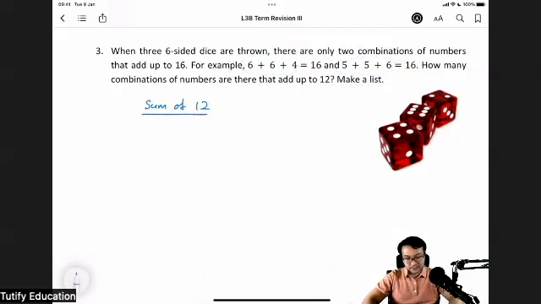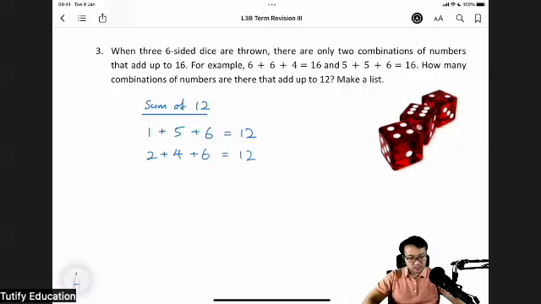For example, we have the first die showing 1. Then the other 2 should be 5 and 6. Then you will get 12. Am I right? So that is the first way that we can get 12. What other way can we get 12? We might get 2 and 4 and 6.